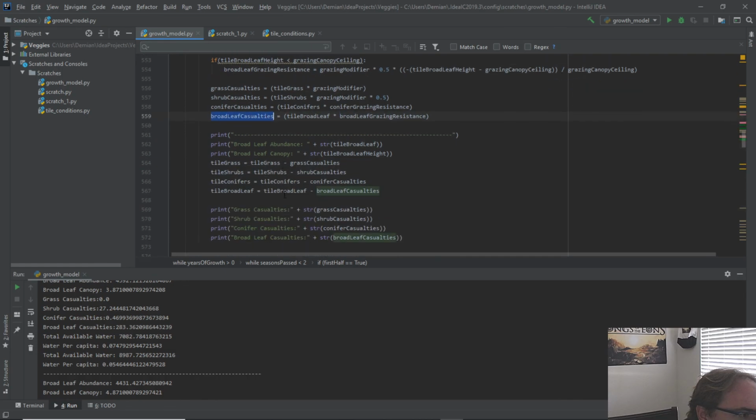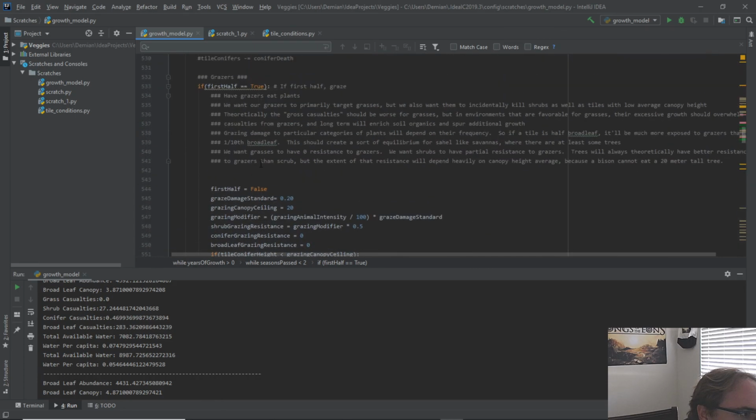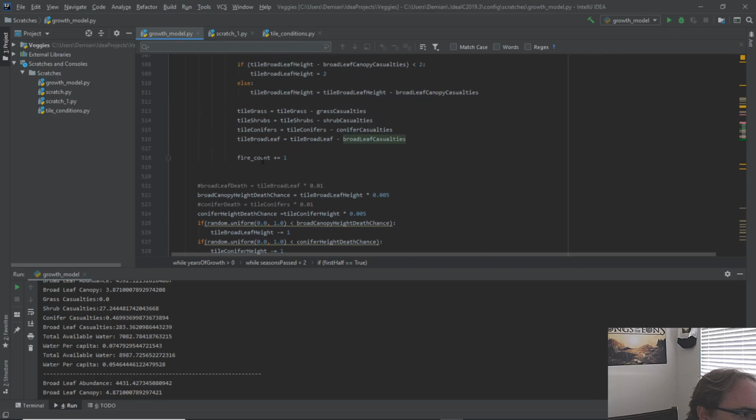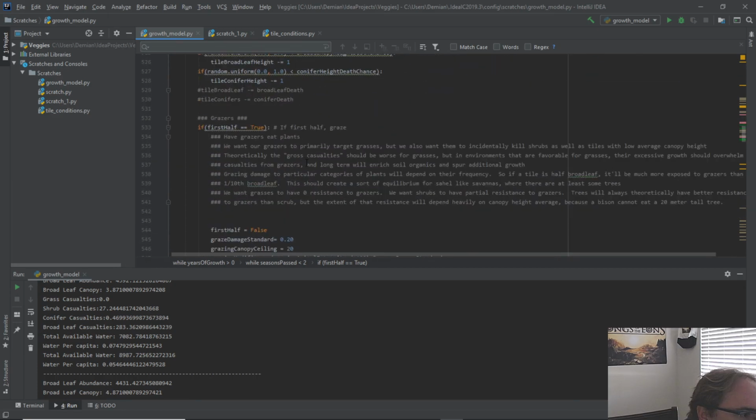Broadleaves times our resistance. There's our casualties. I wonder if there just needs to be more casualties. Let's try ramping up casualties again. Tile broadleaf equals tile broadleaf minus casualties. Yeah, let's try ramping it up.